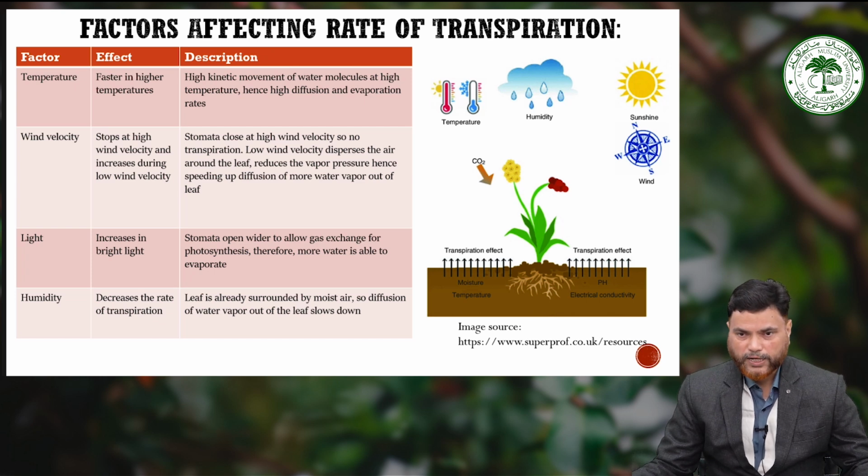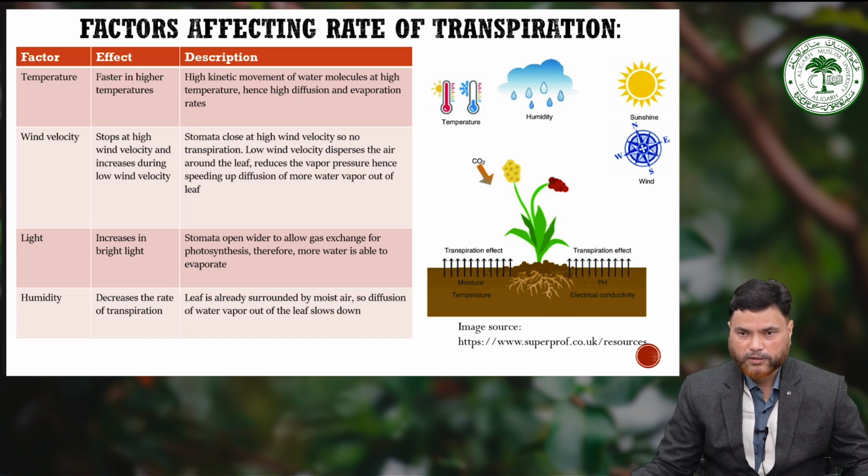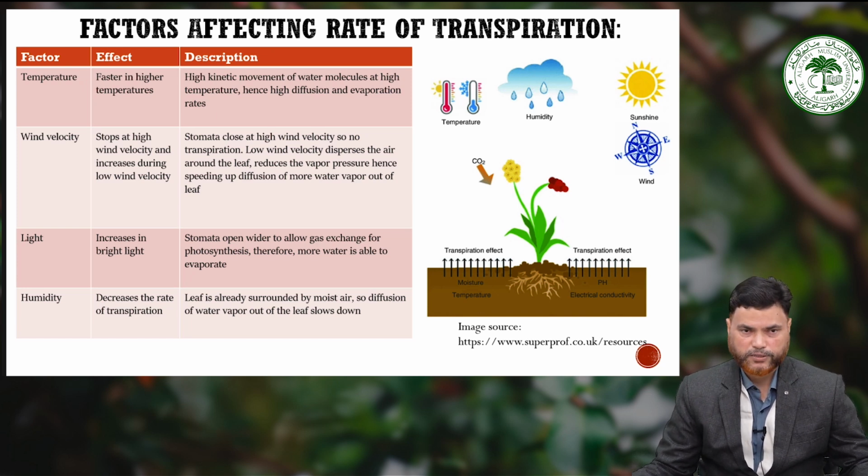When wind velocity is low, it promotes transpiration because gentle wind disperses the air surrounding the leaf, which in turn reduces the water pressure in the immediate vicinity of stomata. This decrease in vapor pressure facilitates the movement of water vapor from the leaf surface into the atmosphere, thereby increasing the rate of transpiration.